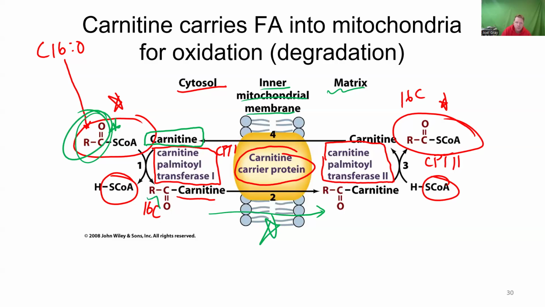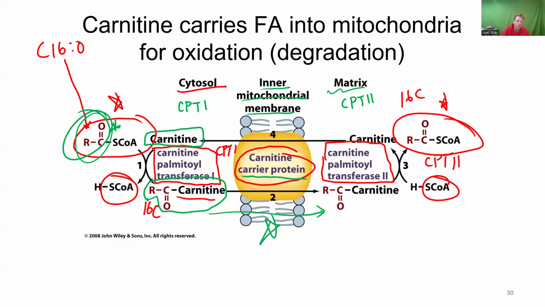When you do that, you have this right here, your 16 or 18 or 22 carbon long molecule that you have attached to carnitine. The enzyme that attached that is known as carnitine palmitoyl transferase 1. CPT1 is a cytosolic protein. CPT2 is a mitochondrial protein. Now, anything that's attached to carnitine can be carried across the membrane because of the protein known as the carnitine carrier protein.